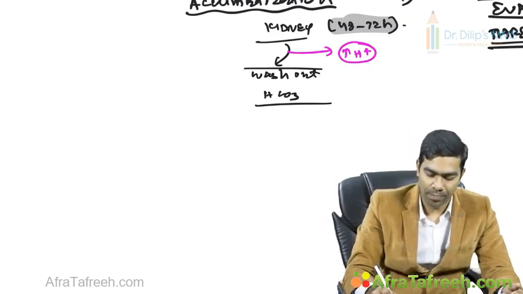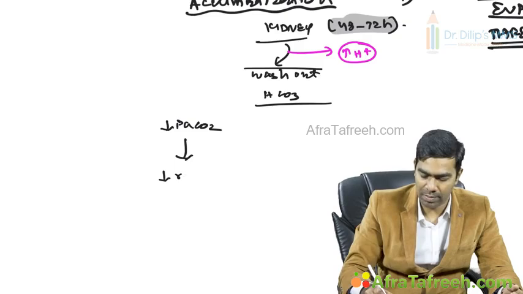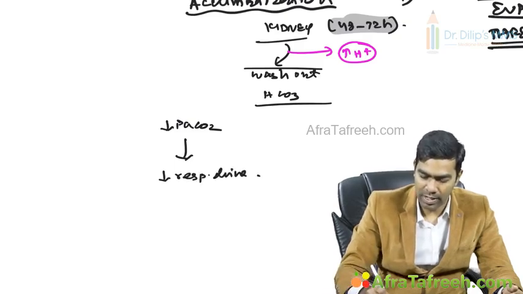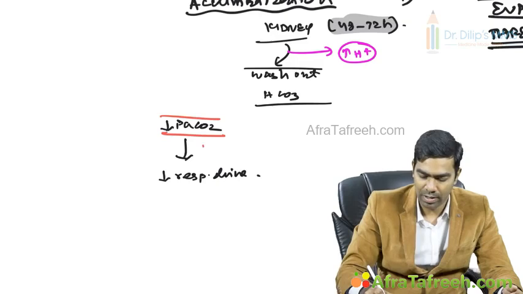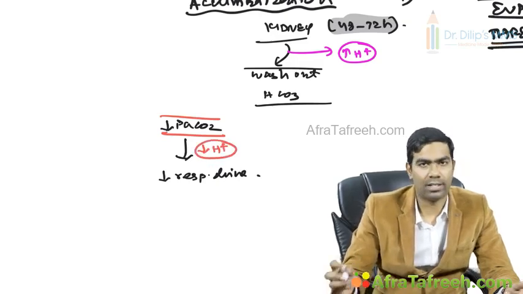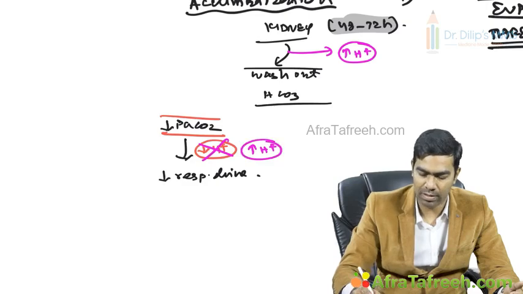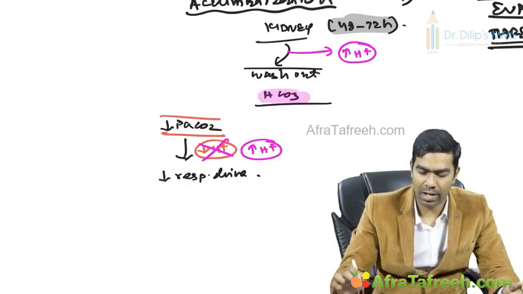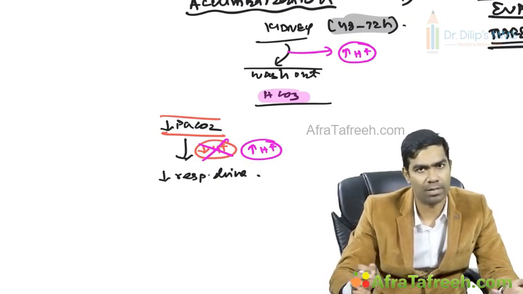What I told you is that low PaCO2 suppresses the respiratory drive. Clear? It is sensed by sensing the low H+. But here, the kidney is trying to fool the brain by artificially increasing the H+, washing out bicarbonate through the urine, by the carbonic anhydrase mechanism, obviously.